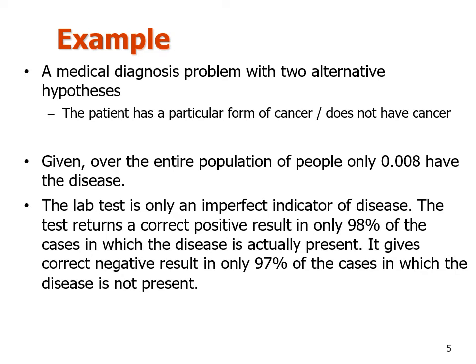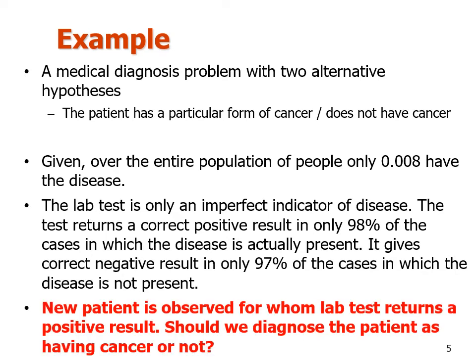It gives a correct negative result in only 97% of the cases in which the disease is not present. Now, a new patient is observed for whom the lab test returns a positive result. So, should we diagnose the patient as having cancer or not?